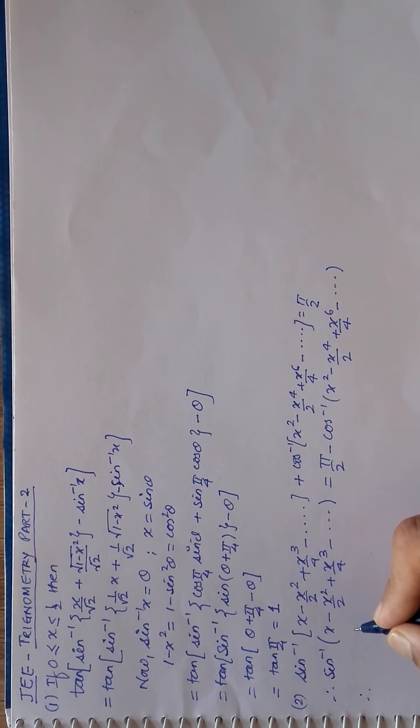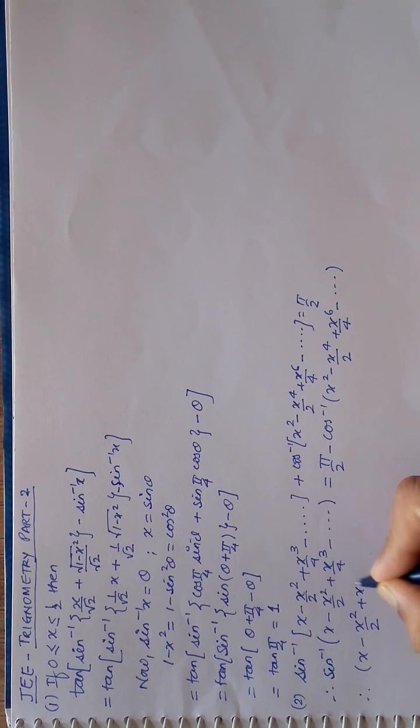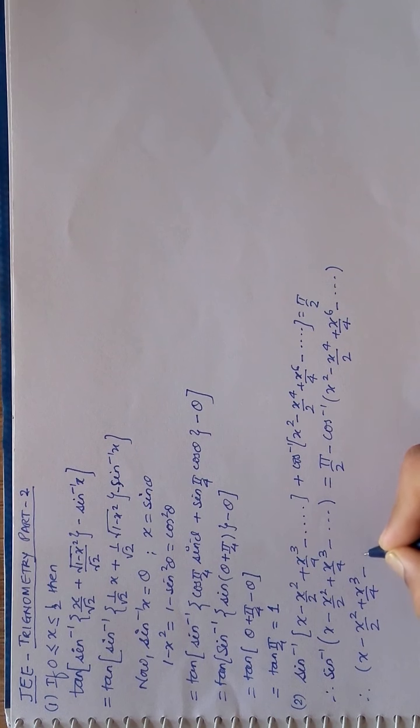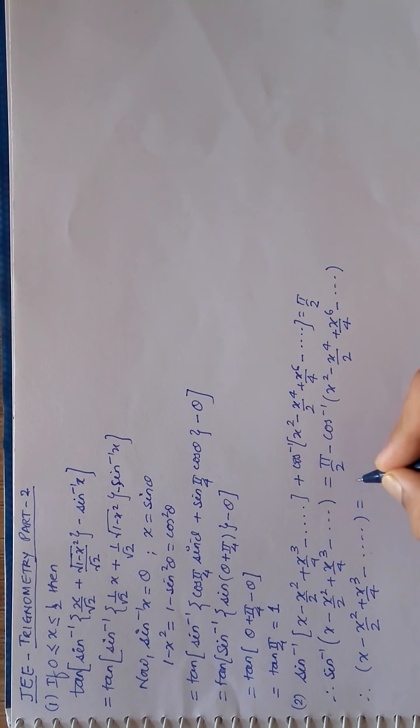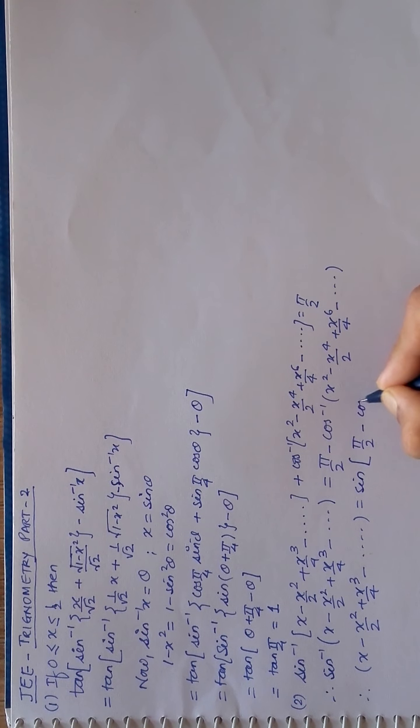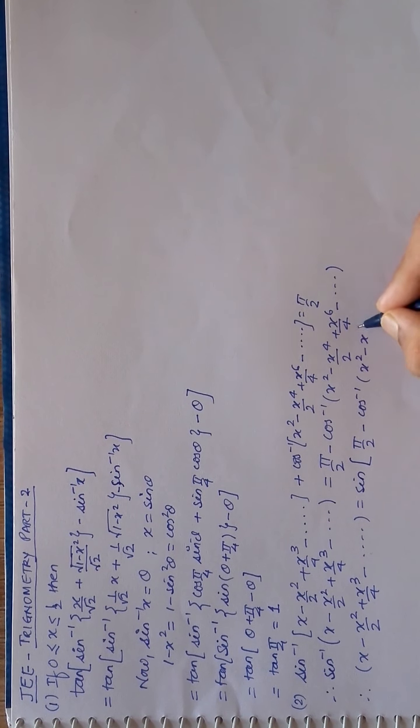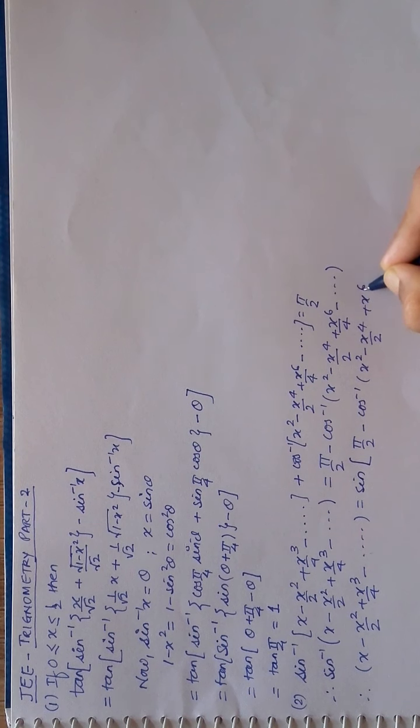So obviously, taking sine of both sides, we get x minus x square by 2 plus x cube by 4 minus and so on is equal to sine of pi by 2 minus cos inverse of (x square minus x raised to 4 by 2 plus x raised to 6 by 4 minus and so on).